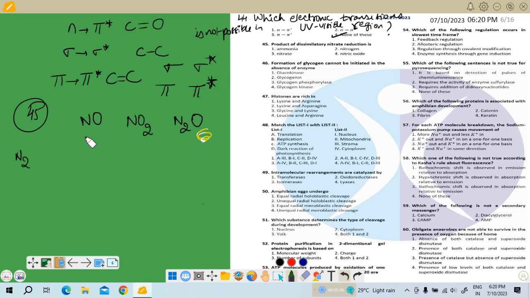Single NO is nitric oxide, when one nitrogen and one oxygen is there.